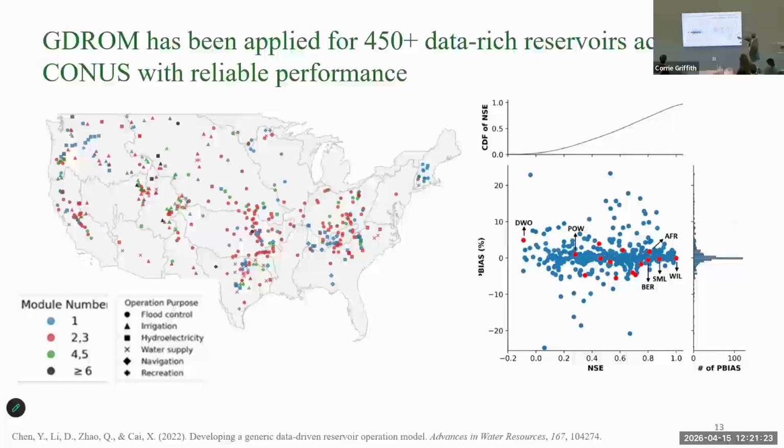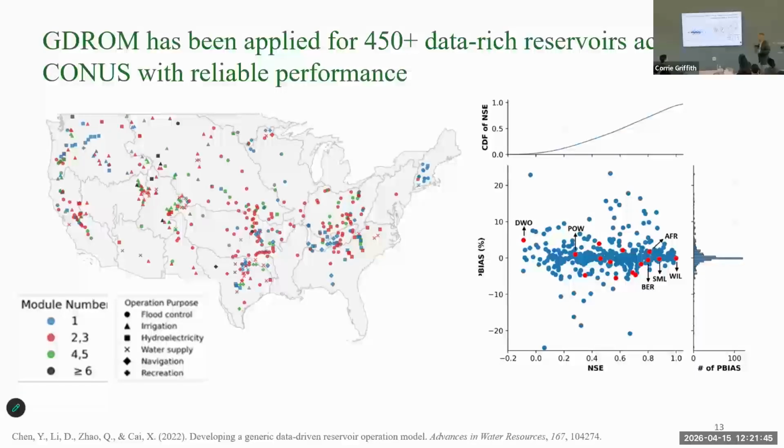As I mentioned, we collected over 15 years of daily data for 450 reservoirs, and this is a map of the reservoirs. They include different reservoirs with different primary functions: flood control, irrigation, and so on.